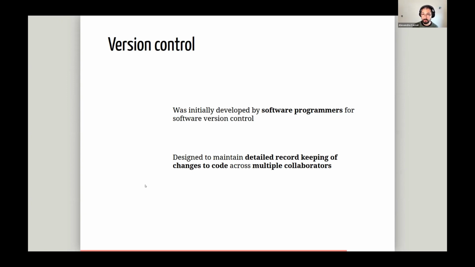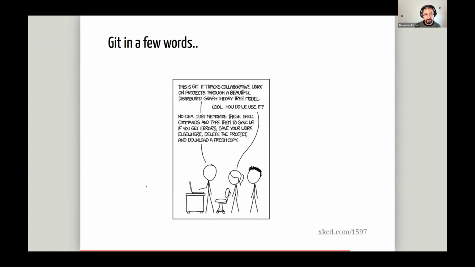And it's very useful when you work with other people as well, because it has systems for reviewing and giving feedback, and going back in time to check if a bug appears, to go back and have the original code again and so on. One of the most popular programs for this is called Git. I'm going to just give you a minute to read this comic.